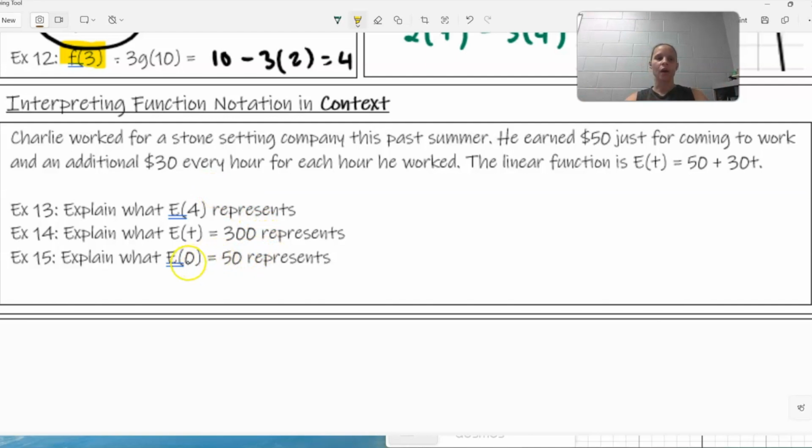This says 0, he worked 0 hours, he got $50. How much did he get when he worked 4 hours? If he works 4 hours, you do 4 times the $30, which is $120, plus the $50 for just coming to work. That's 170. So E of 4 is equal to 170, and that's how you'd evaluate this function. But the question is just asking you to explain what it represents in this context.